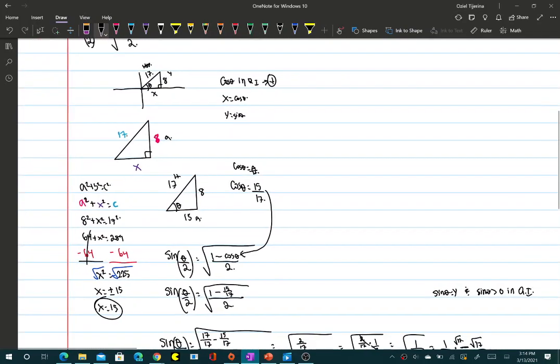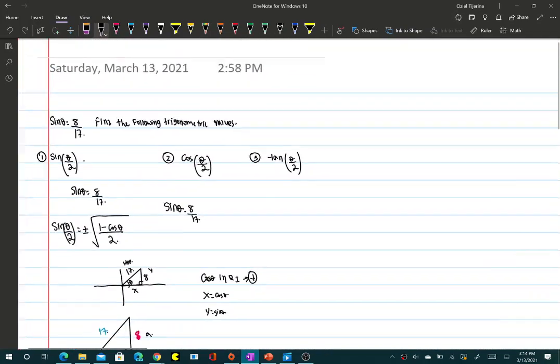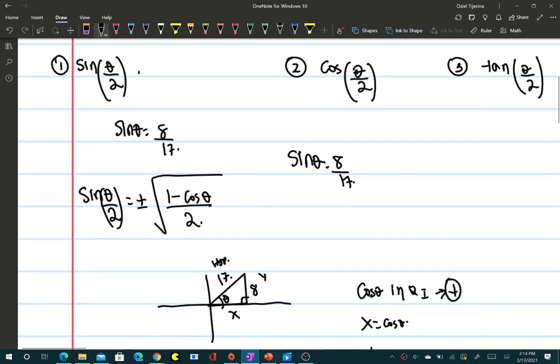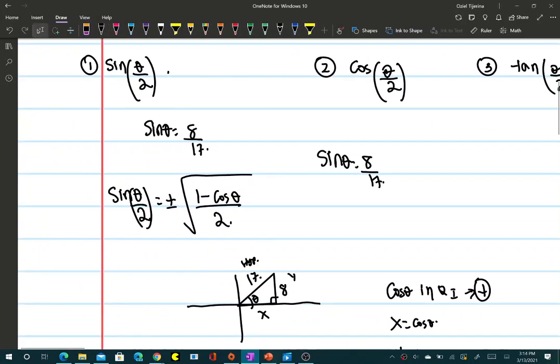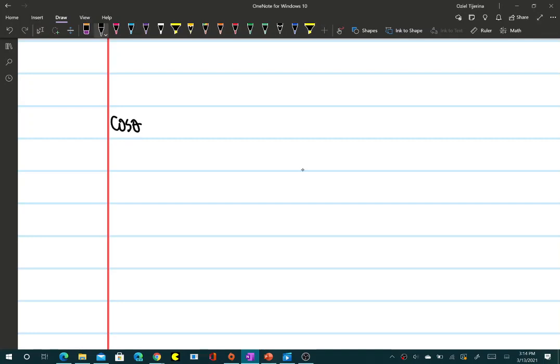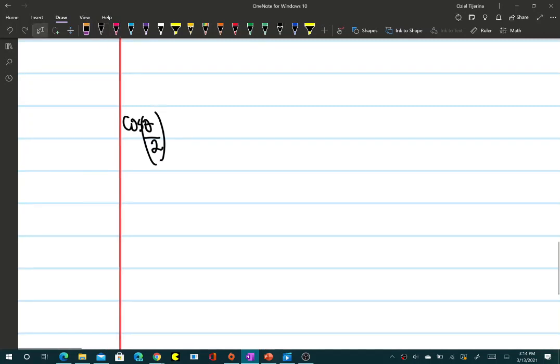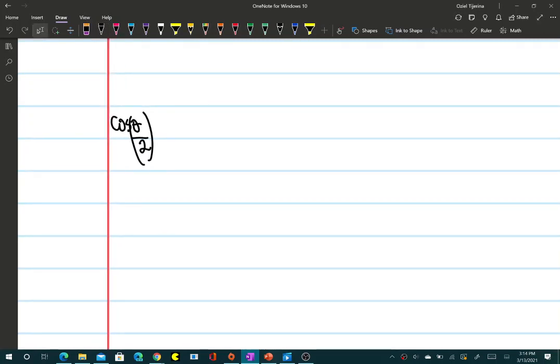Now, to do cosine theta over 2, let me just write it down. That one's a little bit different. So let's see.